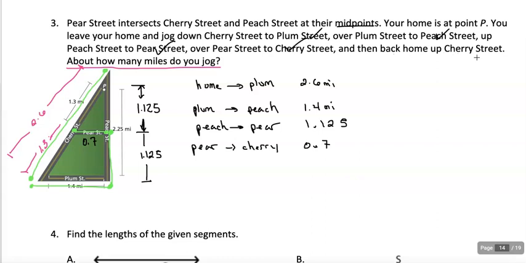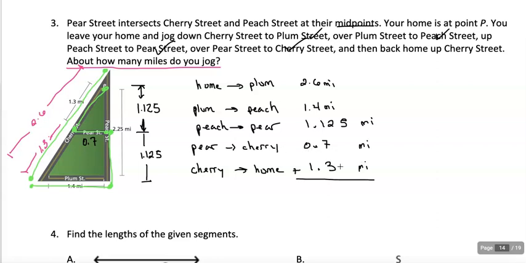And then back home up Cherry Street. Lastly, you're going from Cherry to home. I'm just following along, and Cherry to home is 1.3, and it's all in miles. And then it's asking how many miles did you travel. So at the very end, I'm just going to add this all up and see what I get.